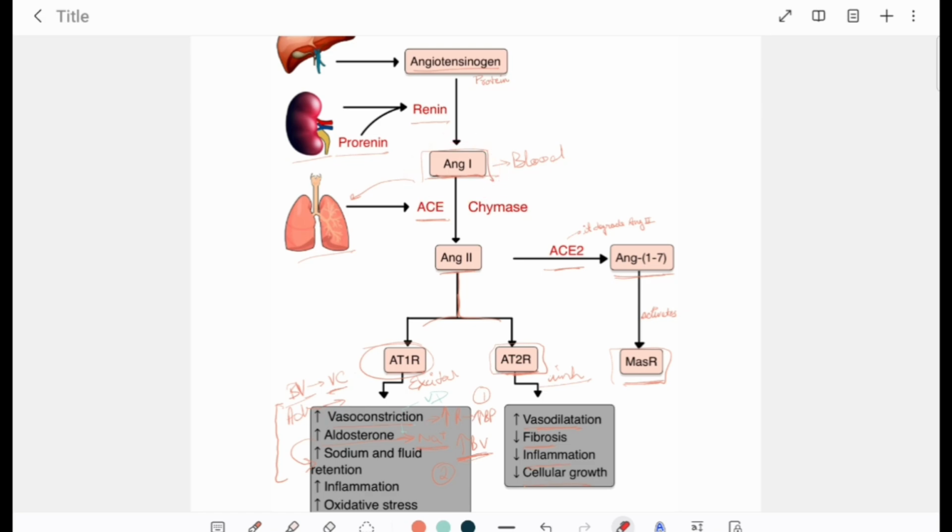Then by blood it goes to our pulmonary circulation, where the pulmonary endothelial cells secrete an enzyme called angiotensin converting enzyme, which helps convert angiotensin 1 into angiotensin 2. This angiotensin 2 goes to its receptor and makes the blood vessels constrict, increasing the aldosterone, increasing the blood pressure.